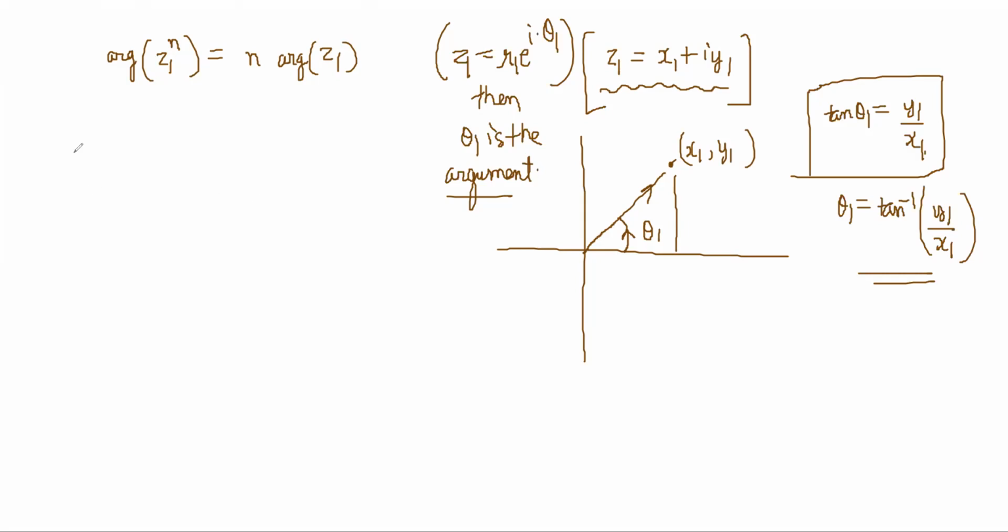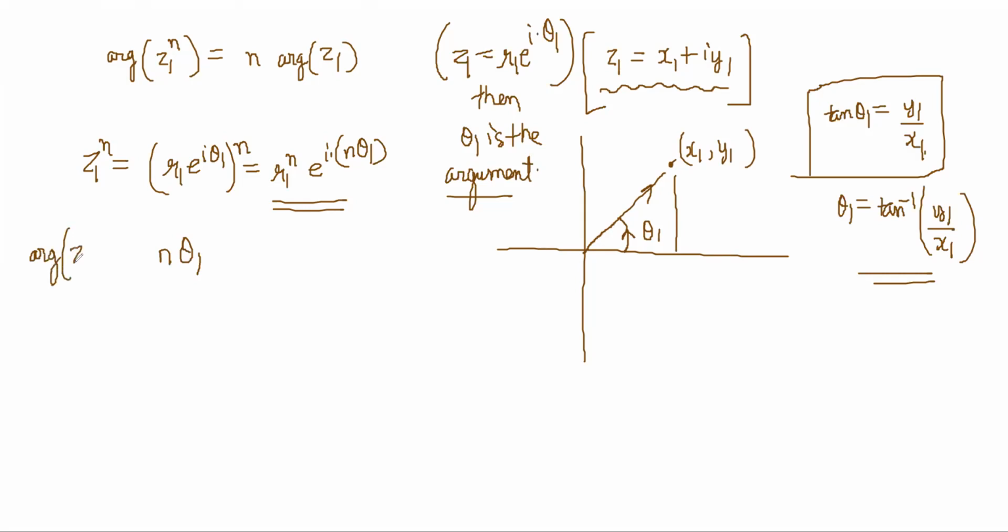So z1 power n will be simply (r1 e^(i theta 1)) power n, so it will be r1 power n e^(i n theta 1). So what angle is coming in the exponent? n times theta 1. So argument of z1 power n is equal to n times theta 1, which is the same as n times argument of z1.